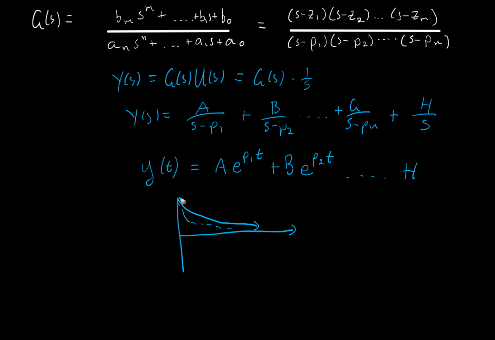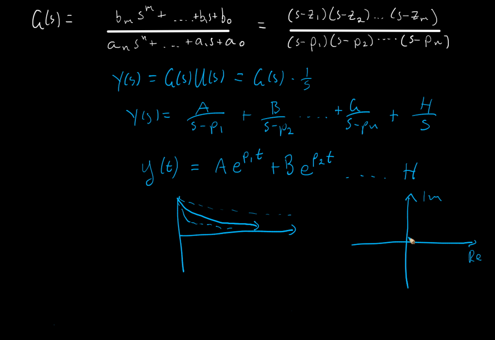And if it's smaller in magnitude, so closer to 0, it's going to be something which decays slower. So what we can do is we can plot the value of these poles on the complex domain. So this is the s on the s plane.